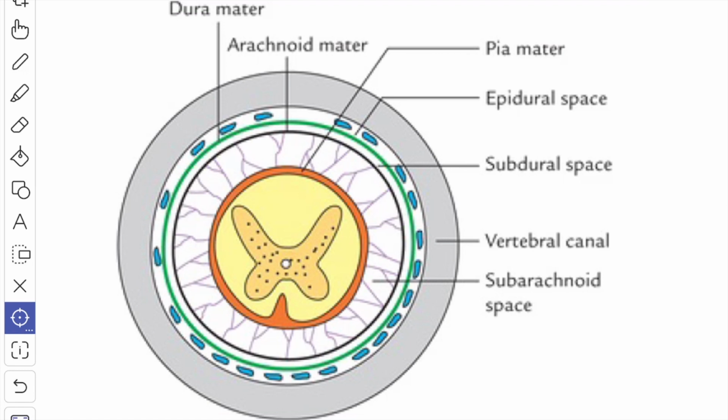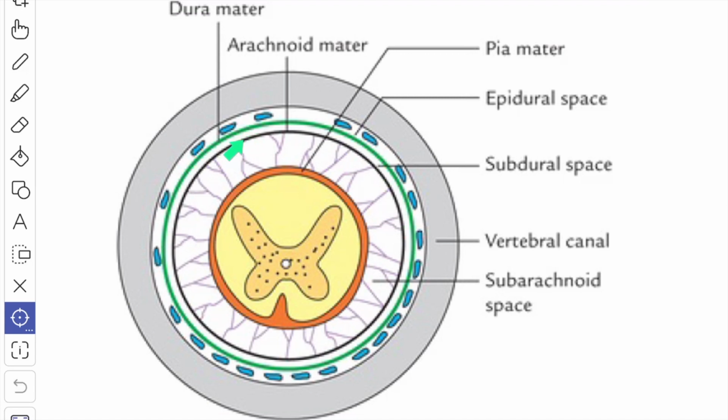The cranial dura mater forms the folds: the falx cerebri, falx cerebelli, tentorium cerebelli and diaphragma sellae. The spinal dura mater does not form any folds. In the spinal dura, you can see the epidural space, which is a space between the spinal dura mater and the vertebral canal. In the cranial dura, you do not have the epidural space.